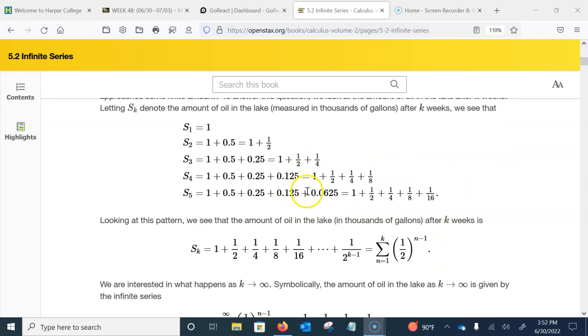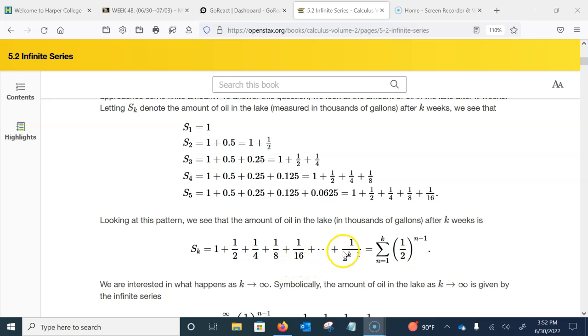So we're going to see if we can spot a pattern. So the first term, first 2 terms added, first 3 terms added, first 4 terms added, first 5 terms added. In general, S sub k would be the first k items added. And if we look at what's going on, it's 1 plus 1/2, and these keep decreasing by a factor of 1/2: 1/4, 1/8, 1/16. Okay.